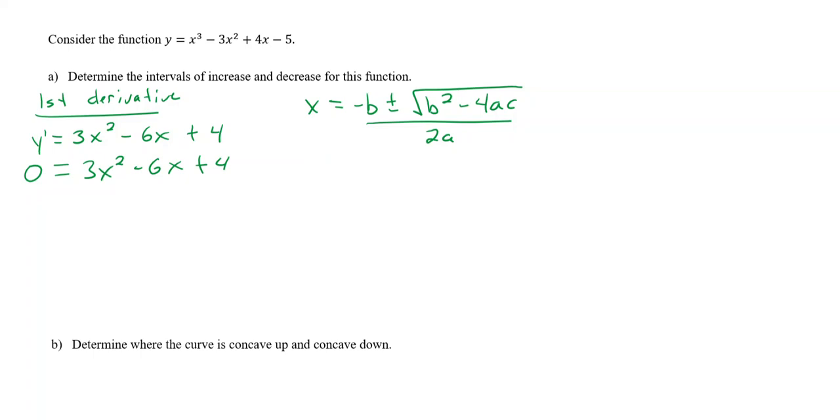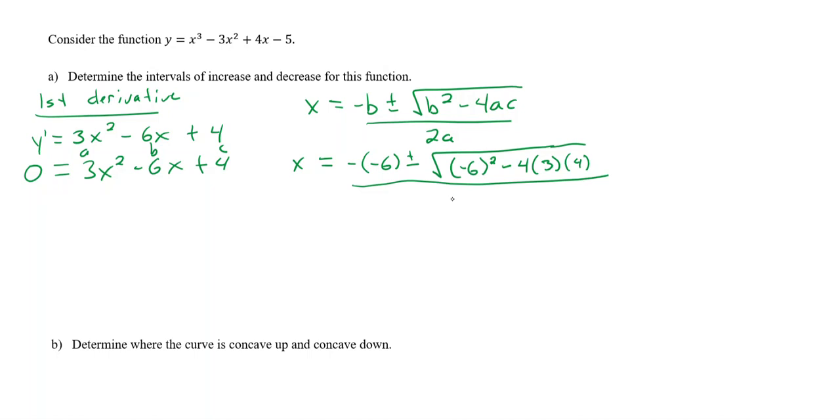So if we fill this in, x is equal to negative, in brackets negative 6, plus or minus the square root of negative 6 squared minus 4, where our a value was 3 and our c was 4, all over 2 times 3.